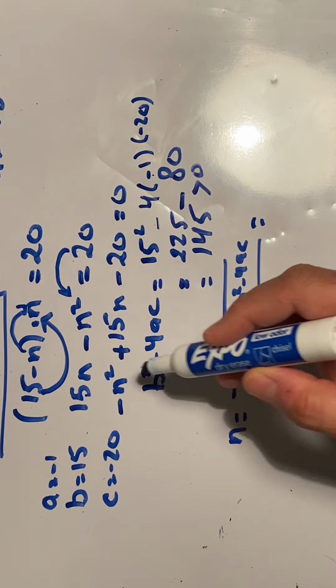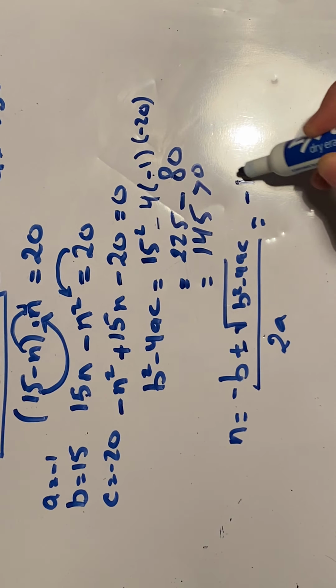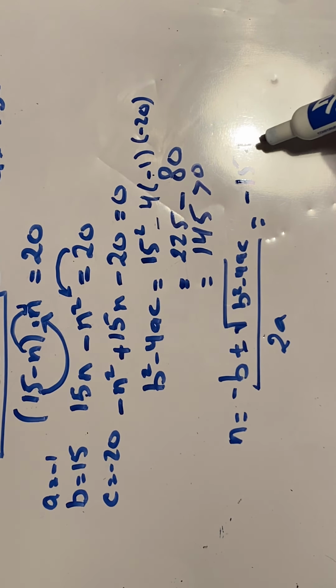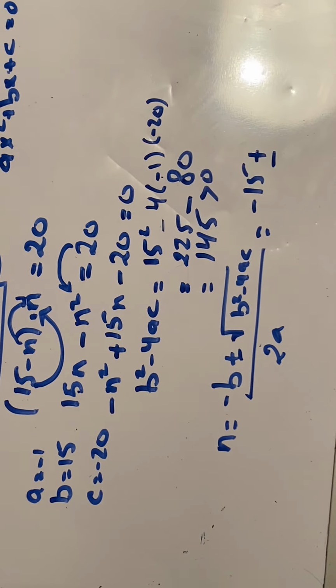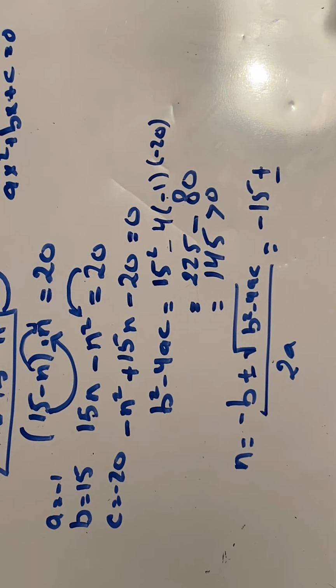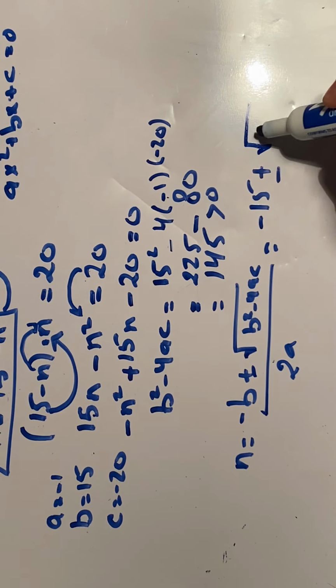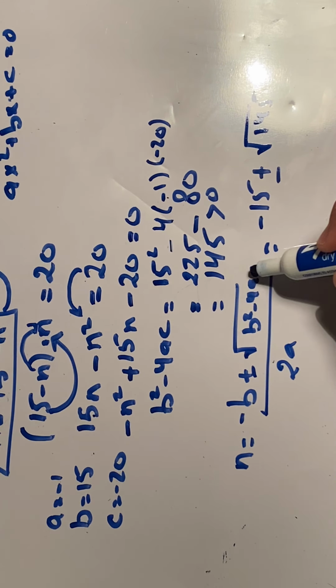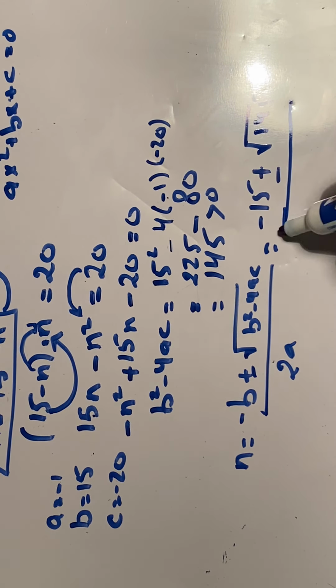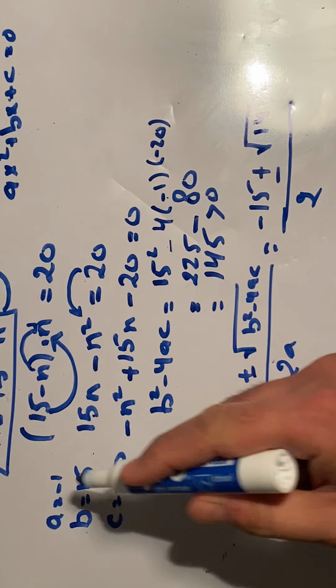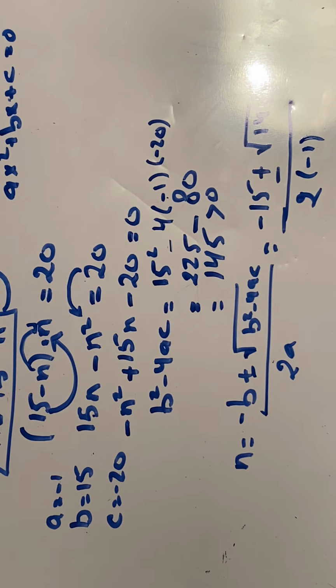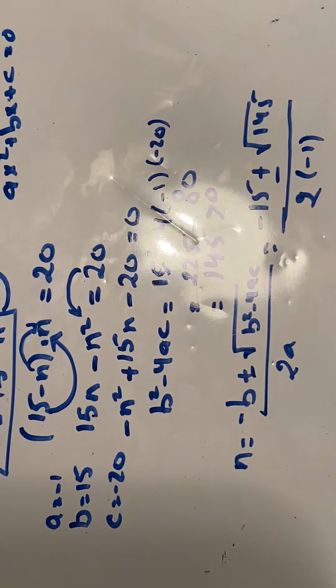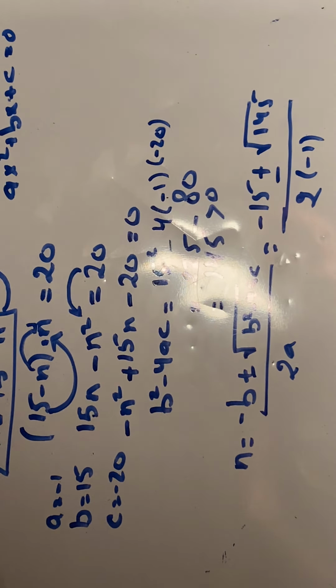So minus b is negative 15, plus or minus radical 145, over 2 times a, and a is negative 1. Now, as I said, this would be the exact value of the roots. Those are the two numbers. If you stop here, that's okay.